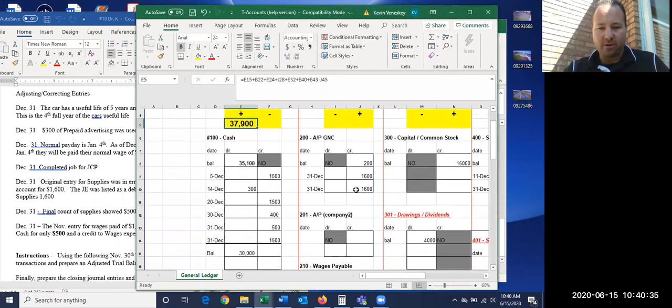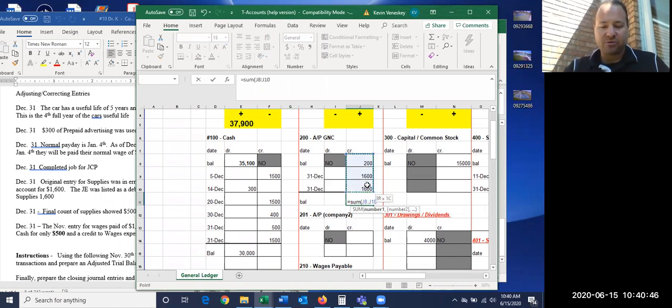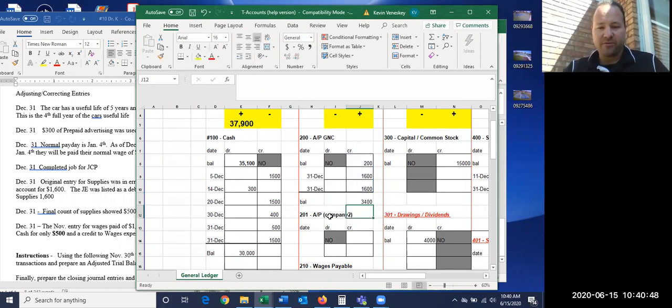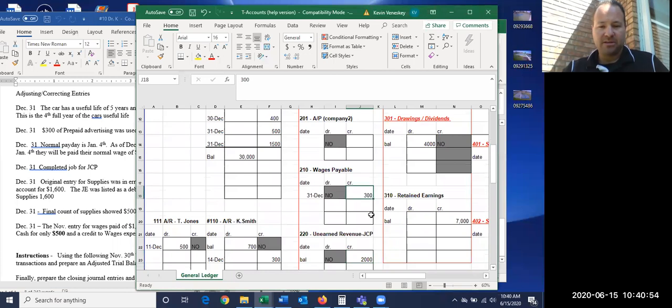So let's go through now and total up everything else. Got a balance, simply just add up. I don't have anything to subtract. Everything for GNC, I got 3,400 balance. Nothing to total for wages payable.